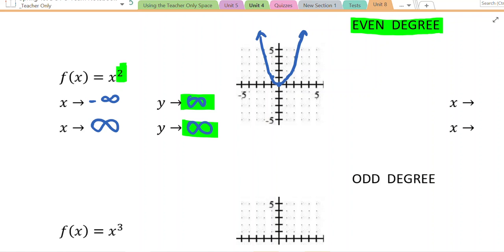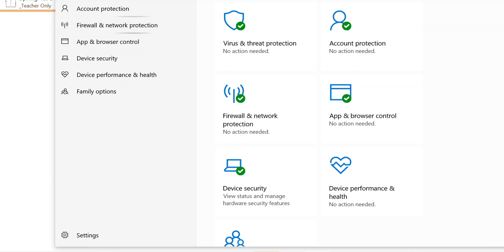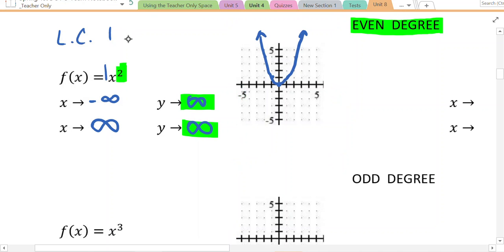And if we look at the leading coefficient, it is 1, which is greater than 0, meaning it's positive. That means that these are going to go in the same direction, because it's even.